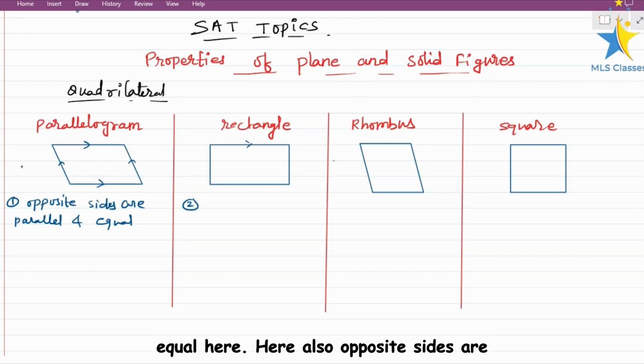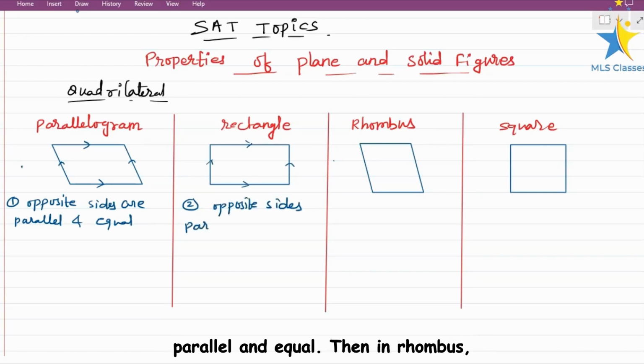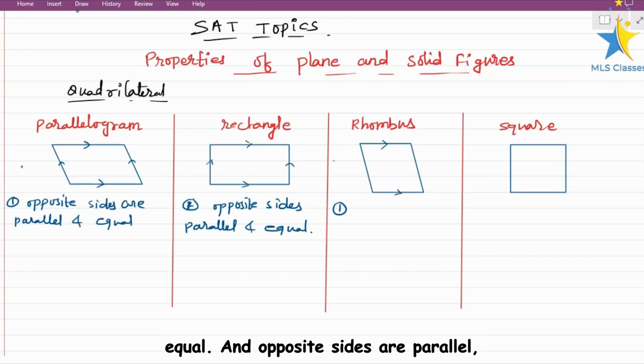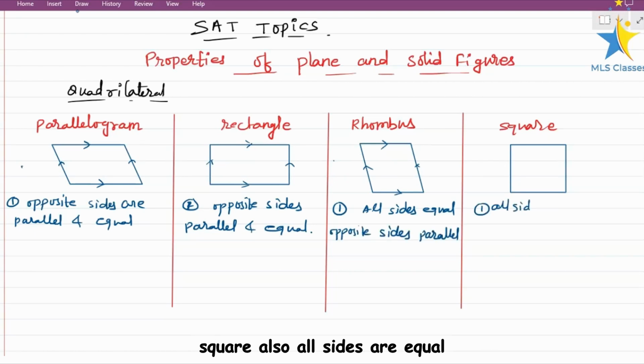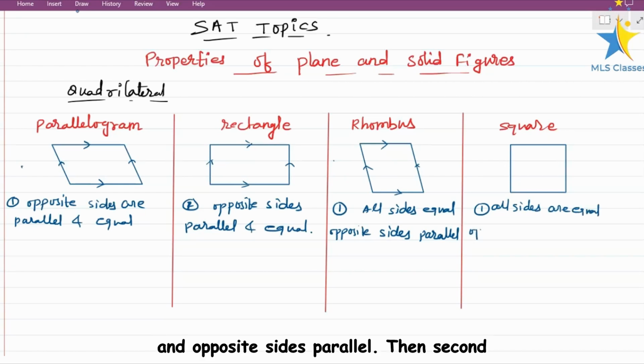Here also opposite sides are parallel and equal. Then in rhombus, all the sides are equal and opposite sides are parallel. And in square also all sides are equal and opposite sides parallel.